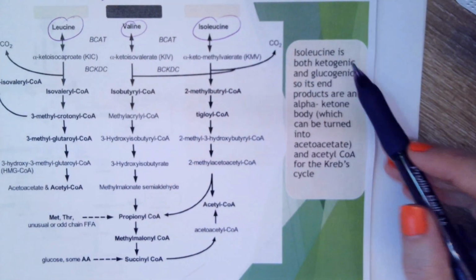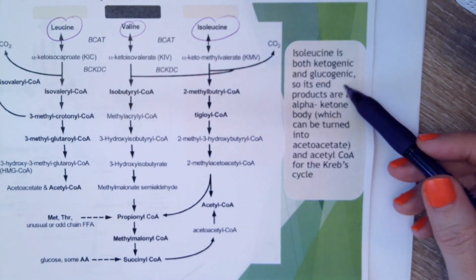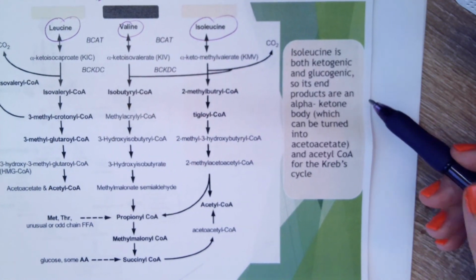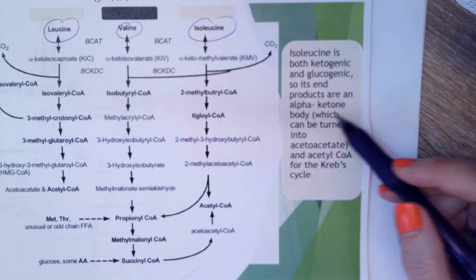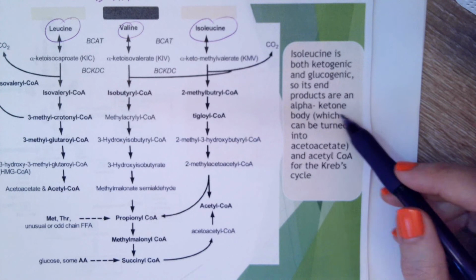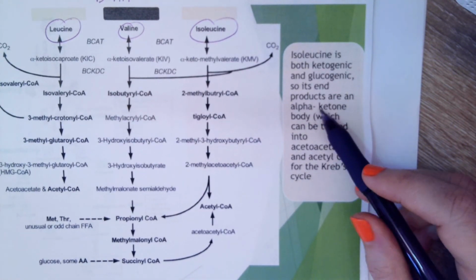Now, isoleucine does both. You can get keto bodies and glucose/pyruvate out of it. When you get a keto body, it's an alpha keto body, which we're going to look at soon, the difference between an alpha, beta, or a gamma keto body.